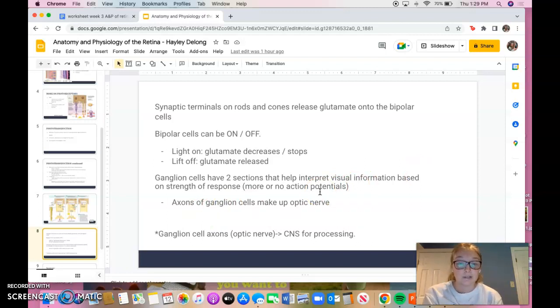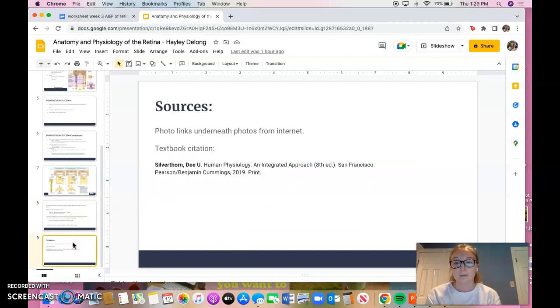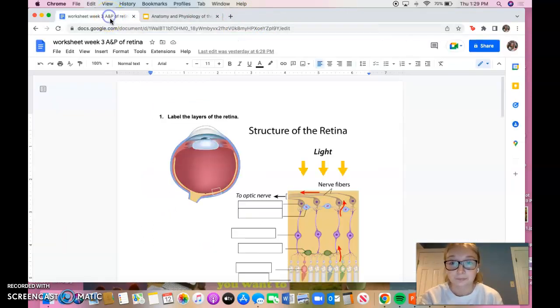Axons of the ganglion cells make up the optic nerve, which is how all the information is transmitted to the central nervous system for processing. And that makes up the rest of my presentation.